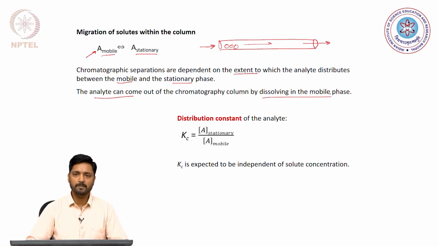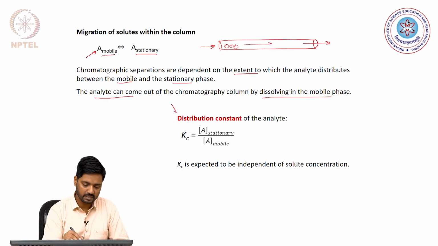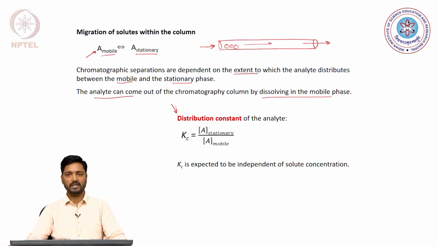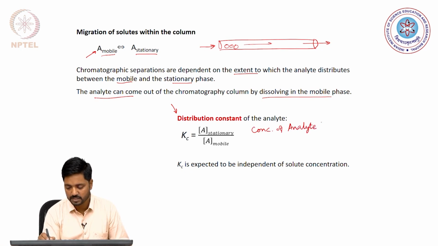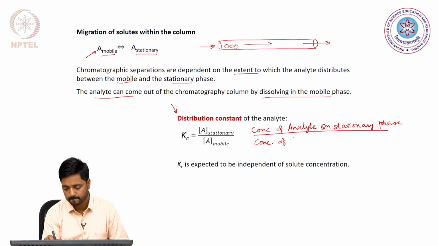So, we can describe a distribution constant with regards to our analyte, and this distribution constant is denoted by capital K subscript C, and that is nothing but the concentration of the analyte on the stationary phase divided by the concentration of the analyte in the mobile phase.